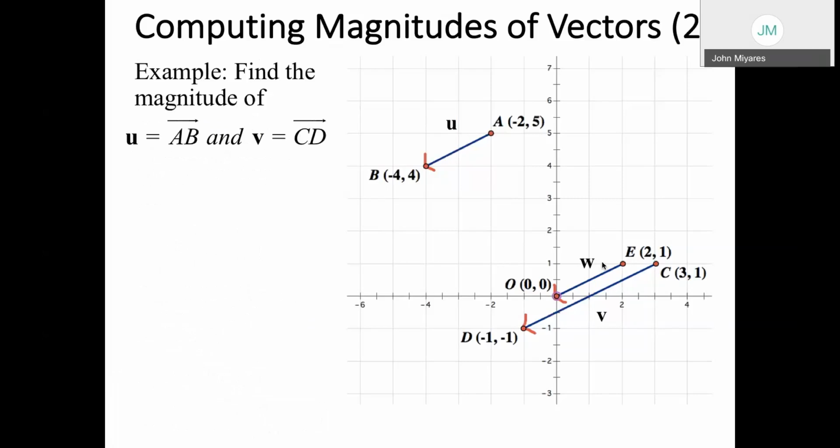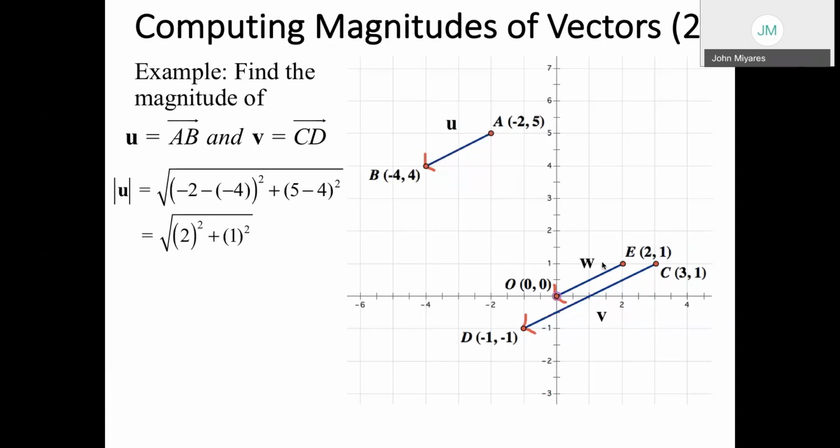For example, say I asked you to find the magnitude of vectors u and v in this diagram. If we were to apply the distance formula for vector u, we would take the difference in the two x's, -2 minus -4, then square that, plus the difference in the y's, 5 minus 4, squared.